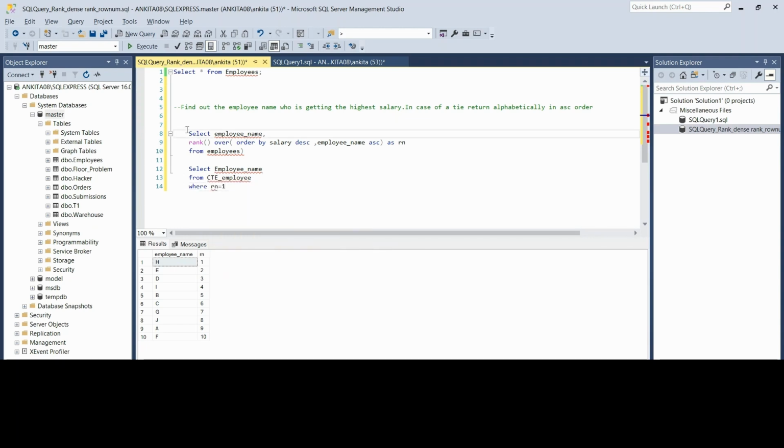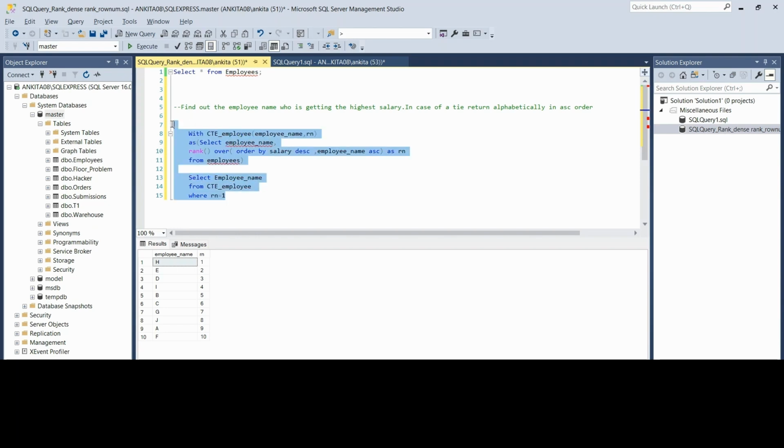This should run. Let me quickly create the CTE here. All right, I think it should run. Yeah, so we're getting the highest ranked employee name.